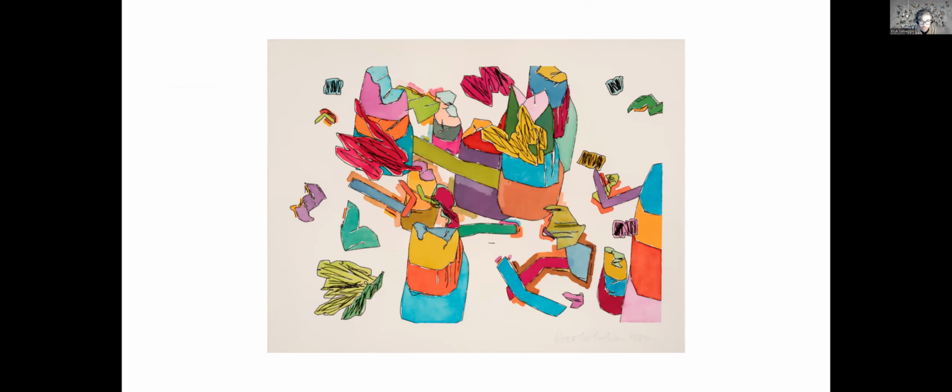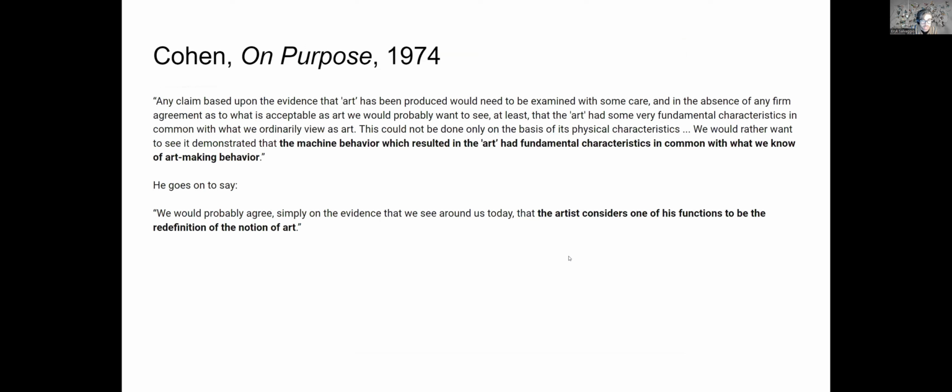Cohen was a painter, so his idea of art was pretty traditional compared to someone like George Brecht. But he was more directly engaged in the question of machine-generated art. And in a 1974 article, he writes, "Any claim based on the evidence that art has been produced would need to be examined with some care.